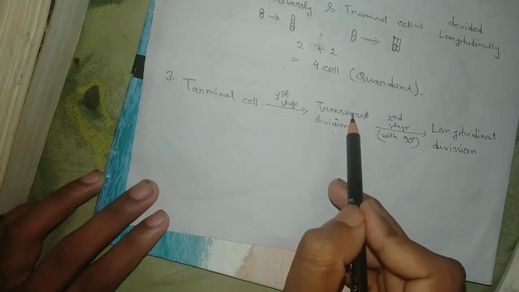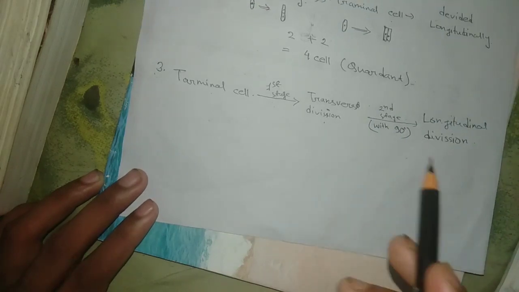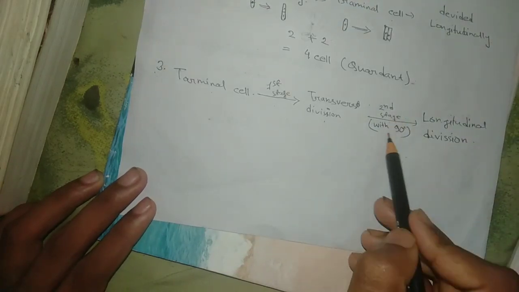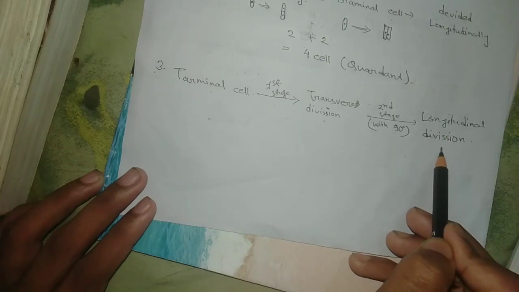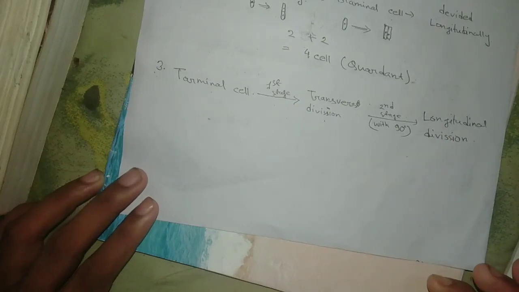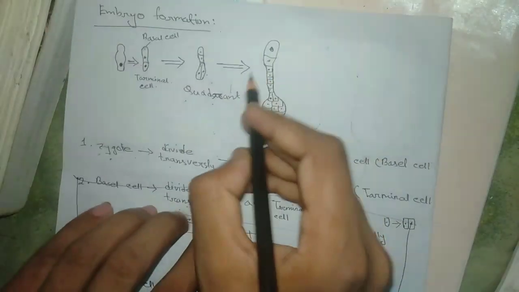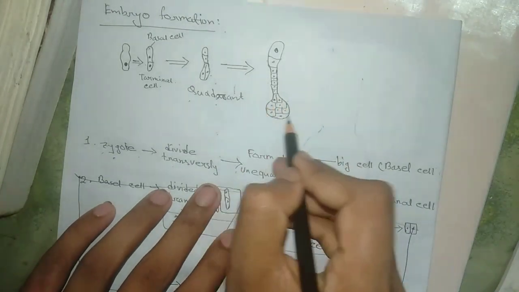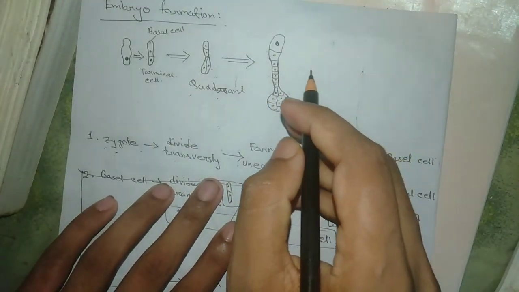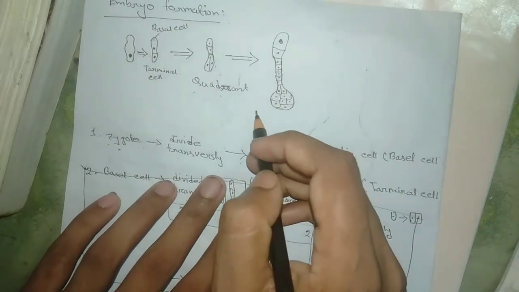Then in the second stage, a 90 degree longitudinal division happens on this cell. I am trying to help you understand it deeply.